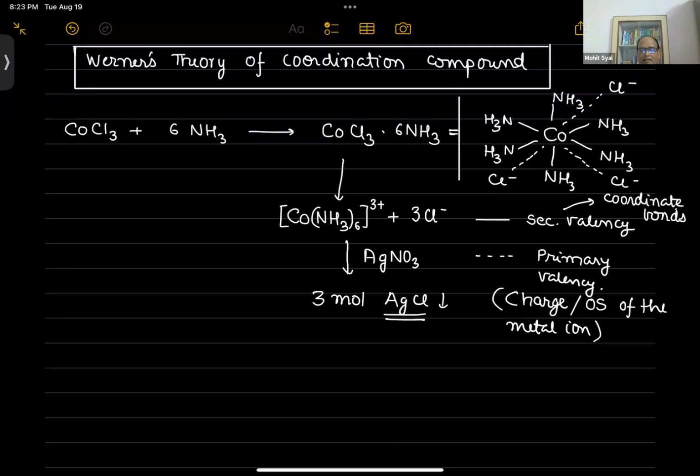So what is the primary valency of the cobalt? It is 3. And the secondary valency is 6. You can see the 6 ammonia molecules being connected to it.